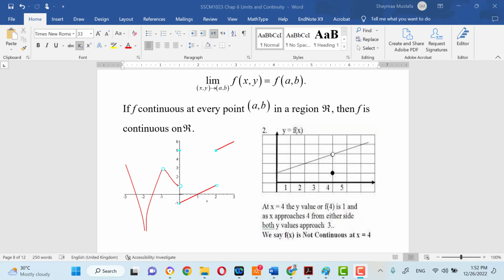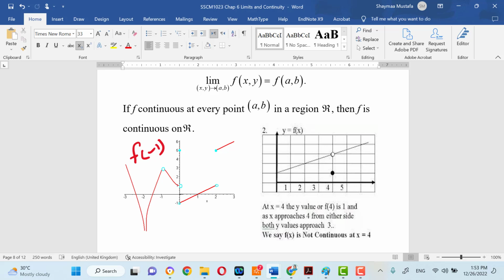Here at -1, the limit exists because the limit from the left is equal to the limit from the right, which is equal to 3. But the value at -1 itself does not exist. So even though the limit exists, the function is discontinuous at -1 because the value of f(-1) does not exist.